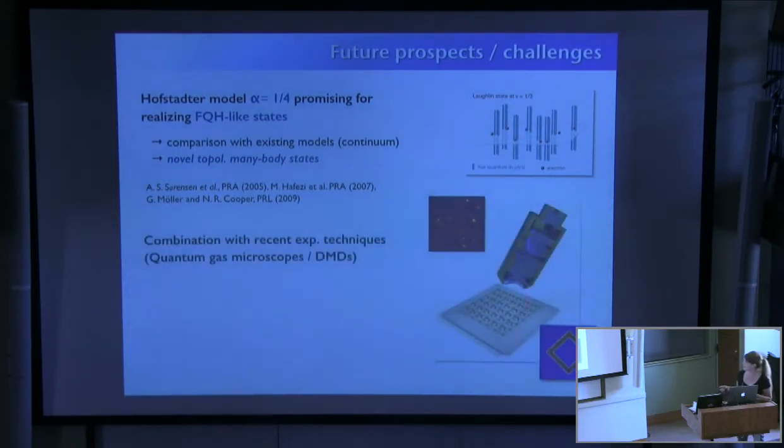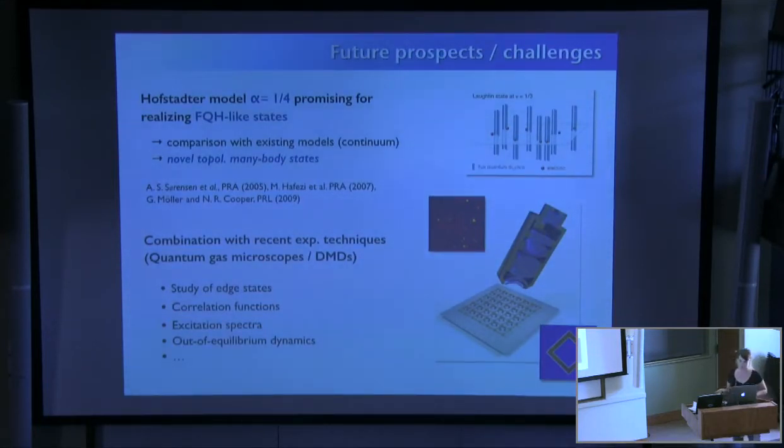And with all the new techniques that are now available in cold atom setups, we can hope to study many different observables and hopefully provide complementary information about getting a better understanding of all the different fractional quantum Hall states.